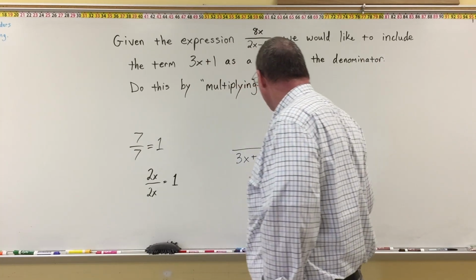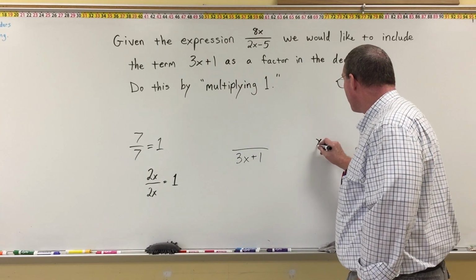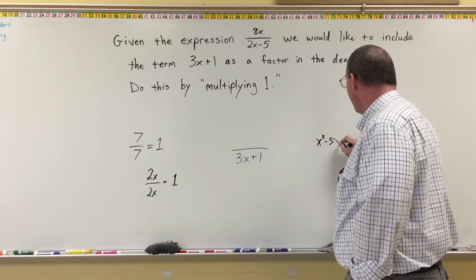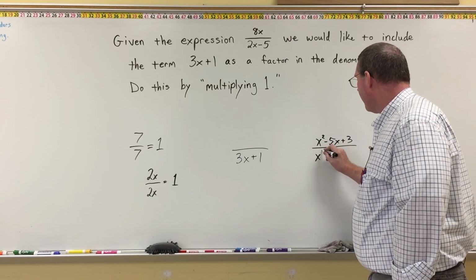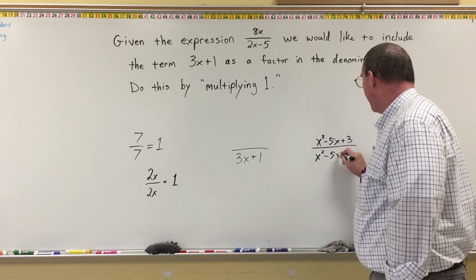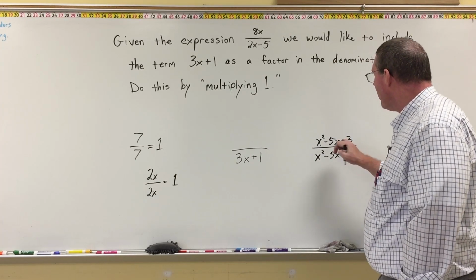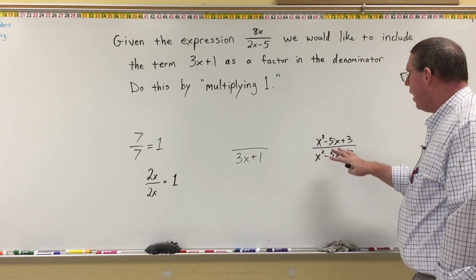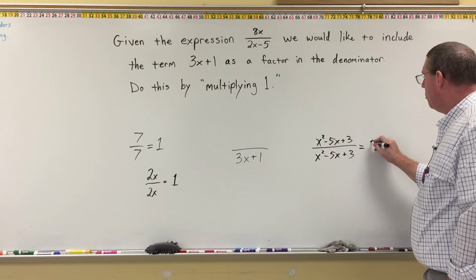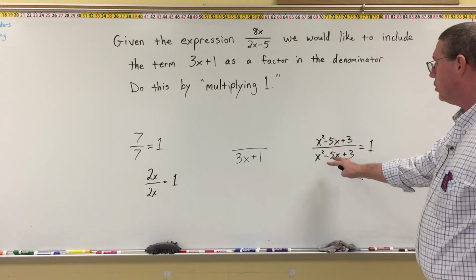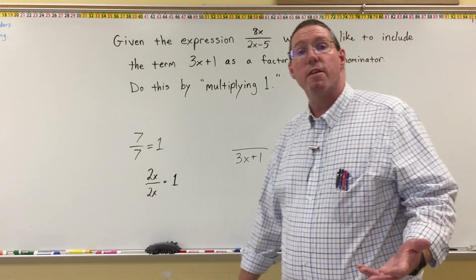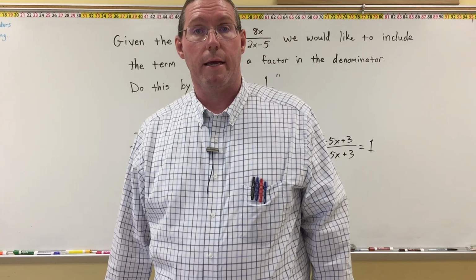It can be a whole expression. We could have x squared minus 5x plus 3 divided by x squared minus 5x plus 3. And as long as we have the same thing in the numerator as in the denominator, it will be equal to 1. So I can multiply by this fraction right here, and it's the same thing as multiplying by 1.